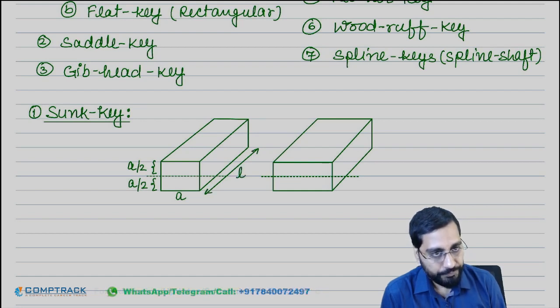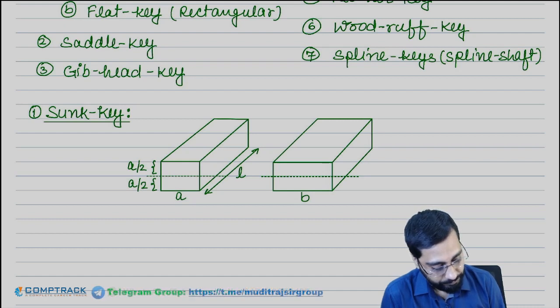Here B is the width, H is the height, but H by 2 will be shared on both sides.